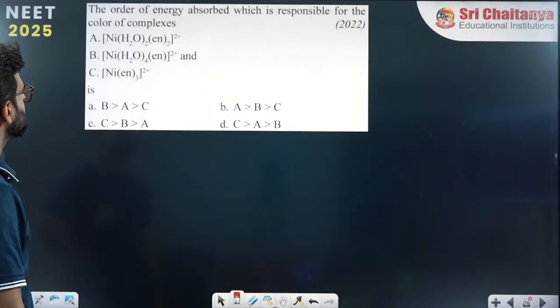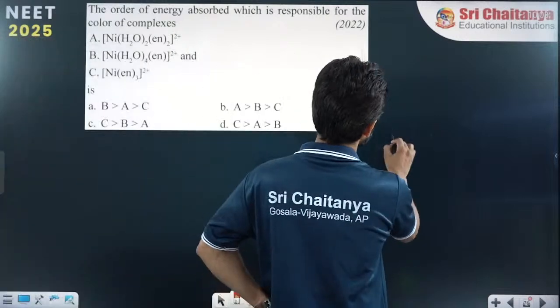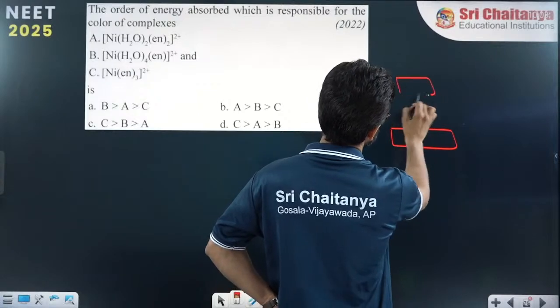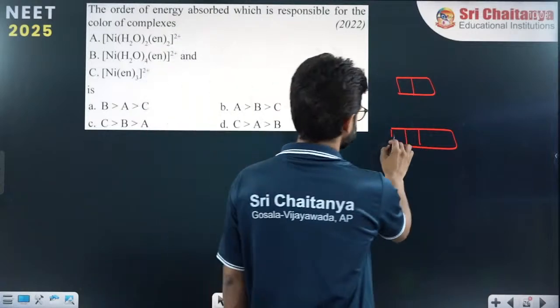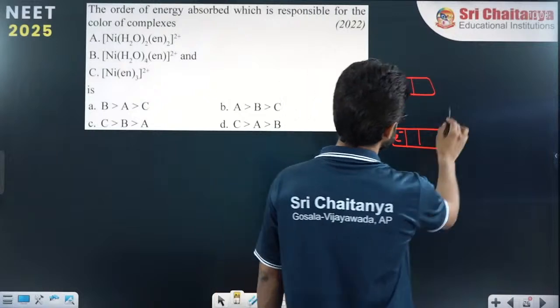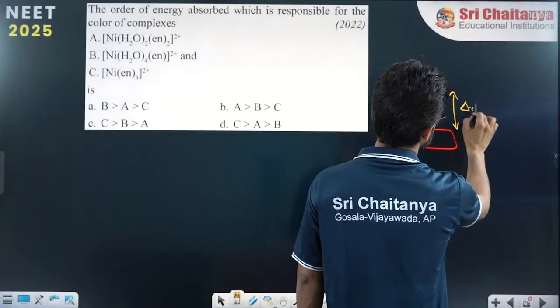The order of energy absorbed, which is responsible for the color of the complex, right? You see, the complex will split this way. Now the electron will jump from here to here. If the ligand is strong, this split will be more.